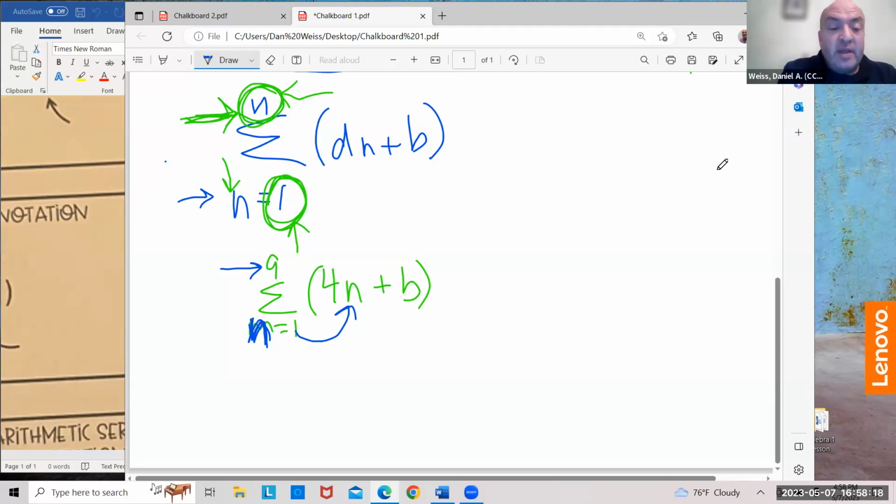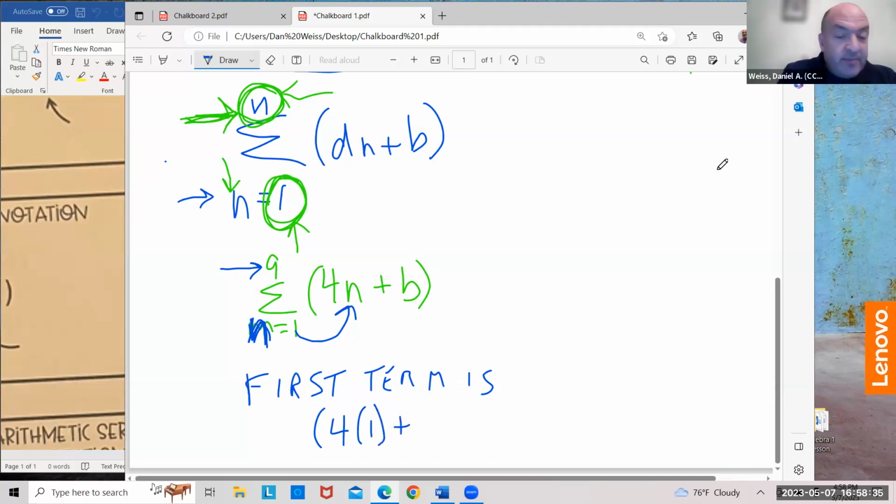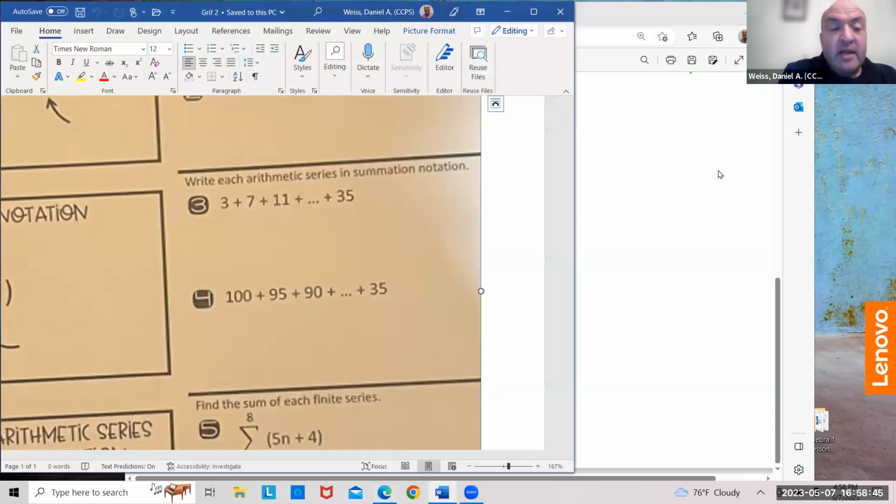I'm going to do the first term. The first term is 4 times 1 plus B. And you know that the first term is 3, right?